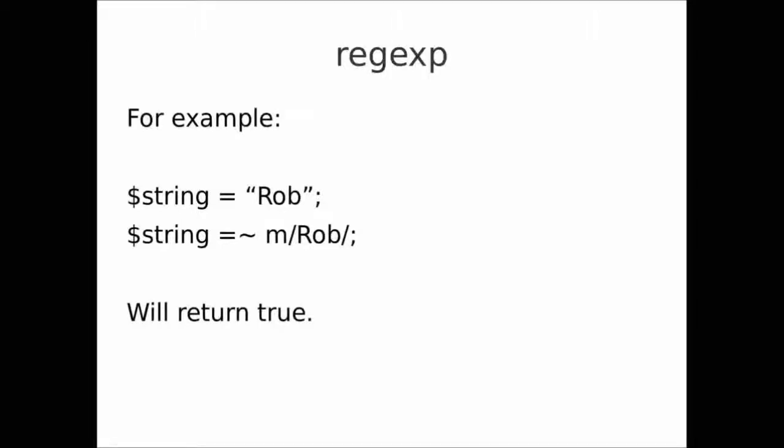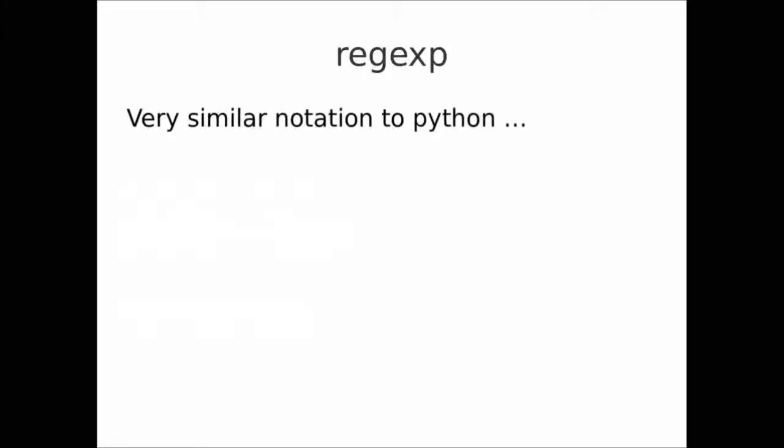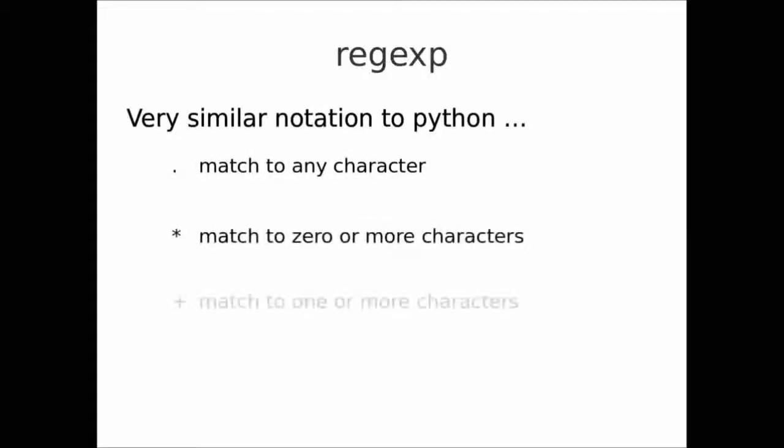Regular expressions in Perl have a very similar notation to other languages, including Python, that we talk about elsewhere. And the standard wildcard characters that we use are a period to match any character, an asterisk to match 0 or more characters, and a plus sign to match 1 or more characters.